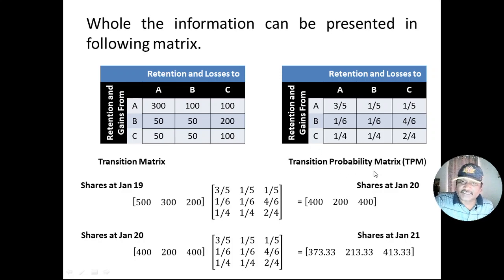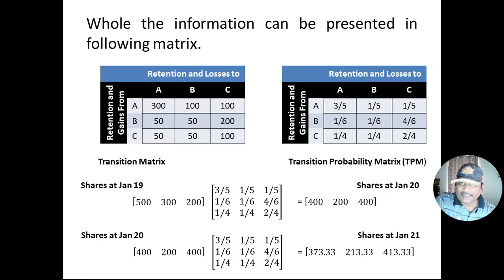Now, this transition probability matrix is giving you the way transition is occurring from these three companies to these three companies. So, this is a great tool available to us to let us know what is going to be the market composition of company A, B, and C at the end of 1 year. This transition probability matrix is valid on an annual basis.